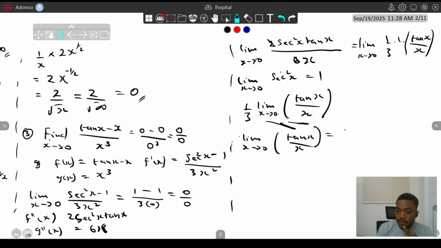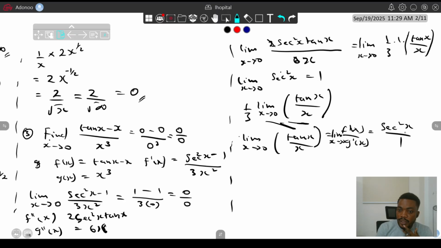So this is equal to the limit as x approaches 0 of f prime of x over g prime of x, and then we have sec squared x over 1. Right?